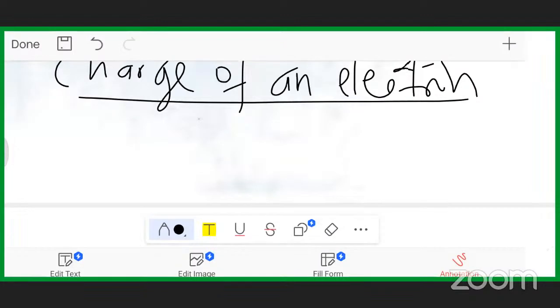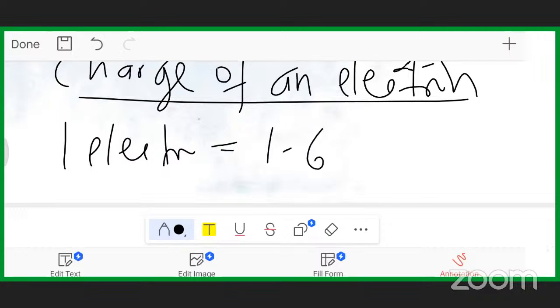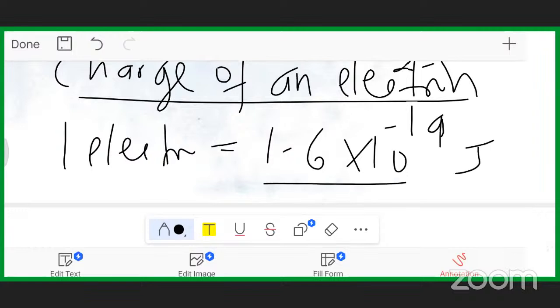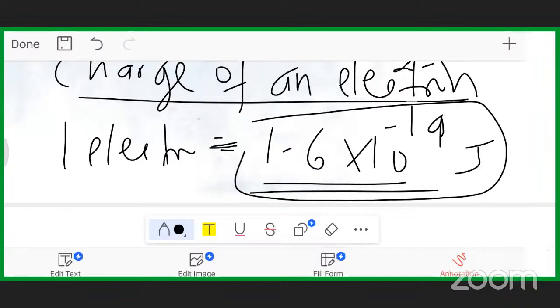For example, your mass is an intrinsic property, a property that you have. So charge is just a property of an electron. And actually, 1 electron has a specific charge of 1.6 times 10 raised to power negative 19 joules. So this is more of a property. If you talk of a charge, it's a property of an electron.